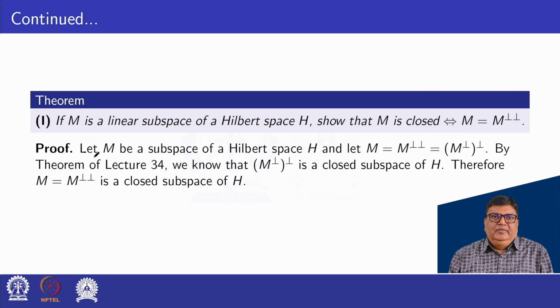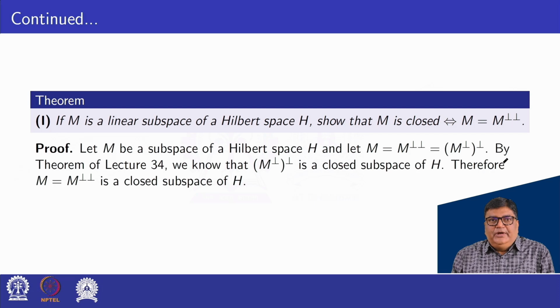Proof: let M be a subspace of Hilbert space H and let M equal M double perpendicular, that is, the perpendicular of M perpendicular.